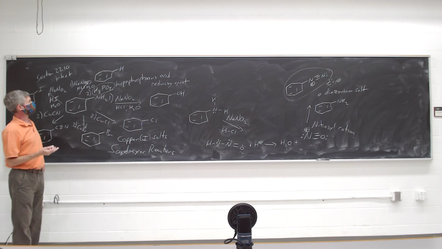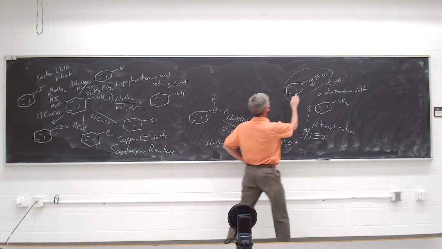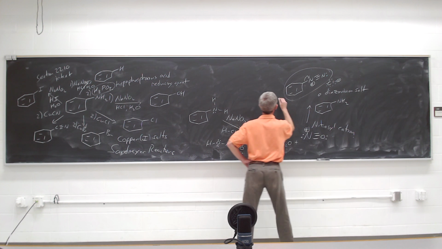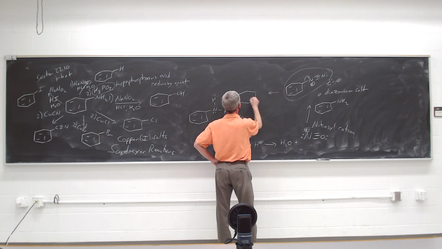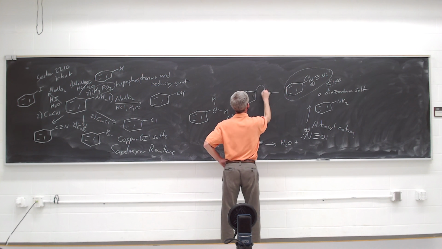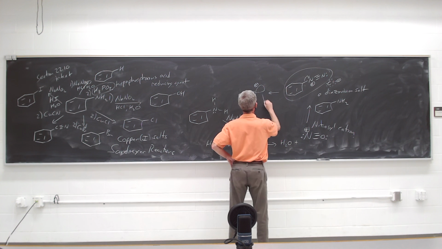It will reduce that diazonium salt to the hydrogen. You can imagine nitrogen gas leaving, right? You actually generate a carbocation where there's an sp2 hybrid orbital there that has no electrons.